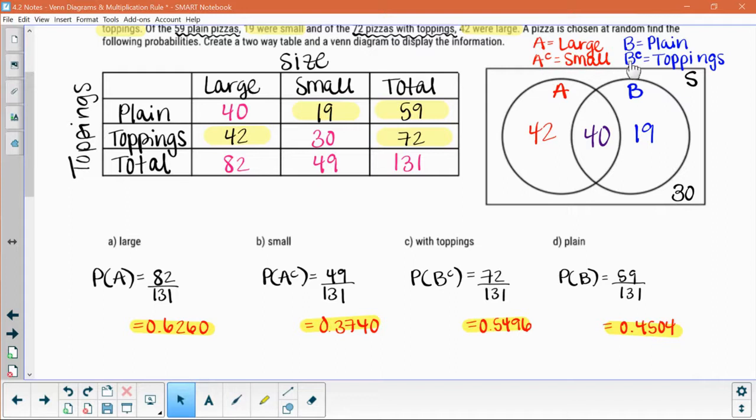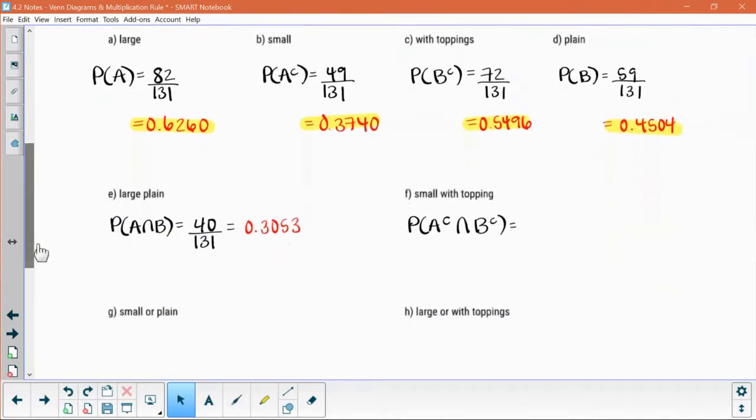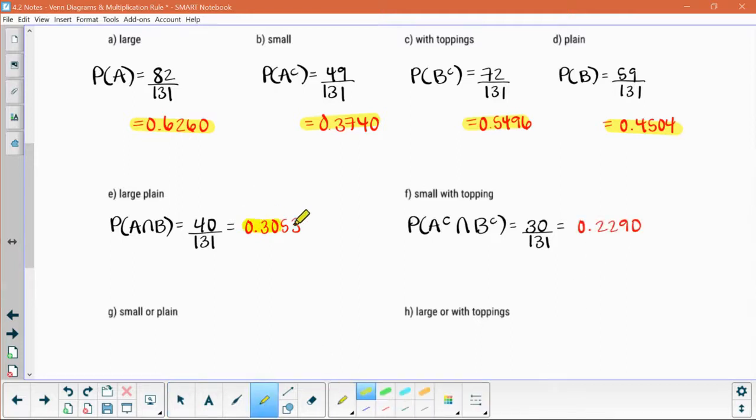So A complement and B complement is going to be 30 over 131, 0.2290. Let's go through and highlight my answers.